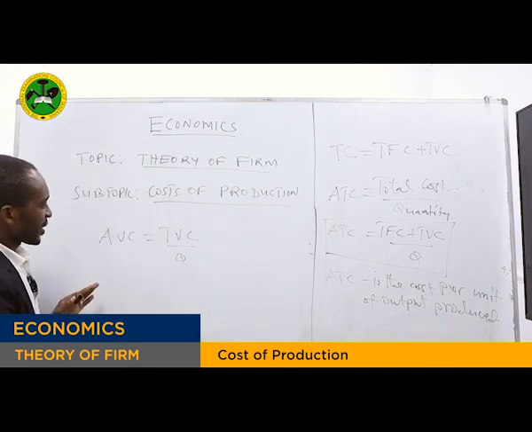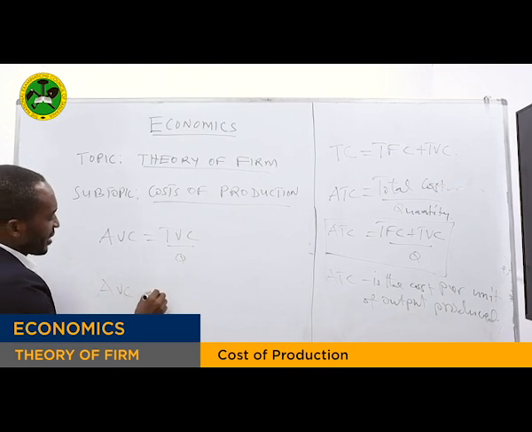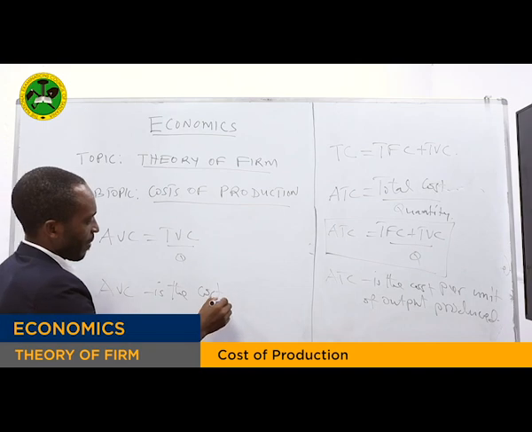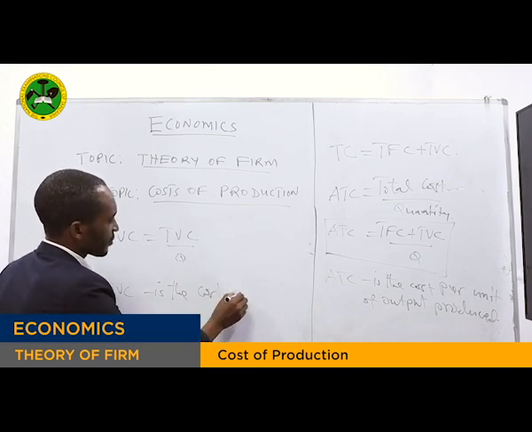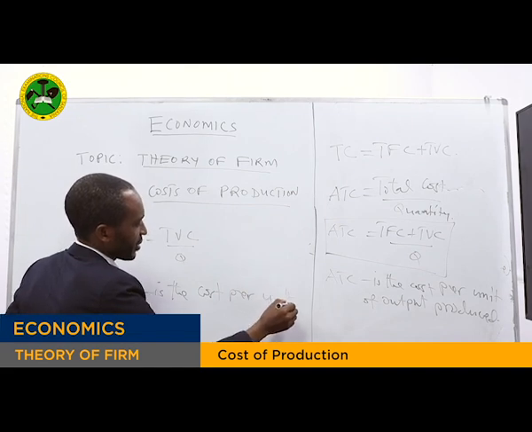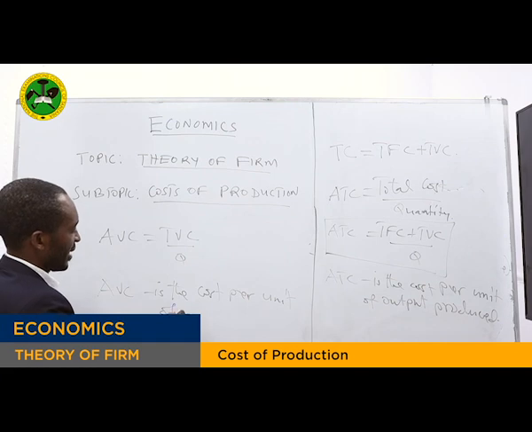So we can say average variable cost is the cost per unit of, let's say, labor.